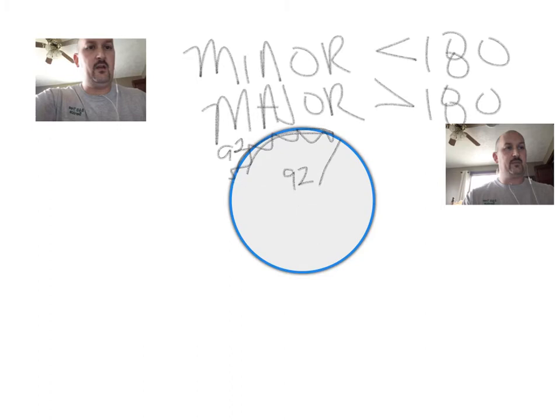Now, a major arc is going to look something like this. Here's our center. Let's say a major arc goes like this. Now, you might think that's a small one. Au contraire, we're going to ask about this piece of the arc.